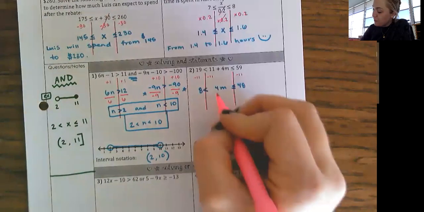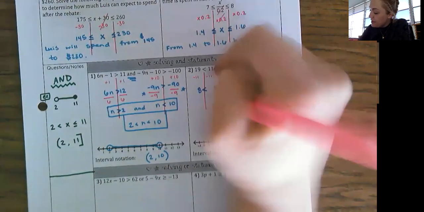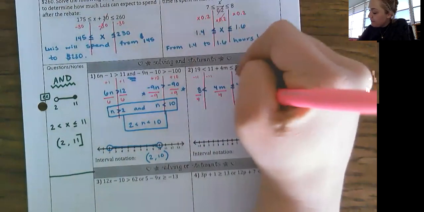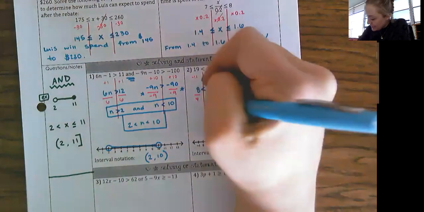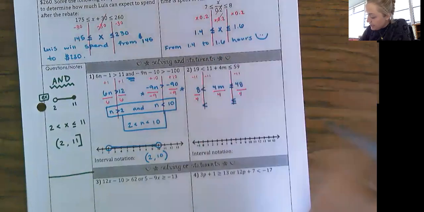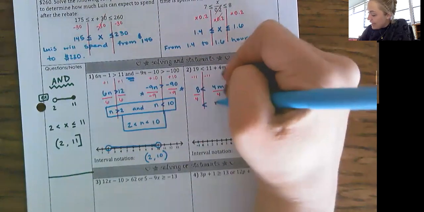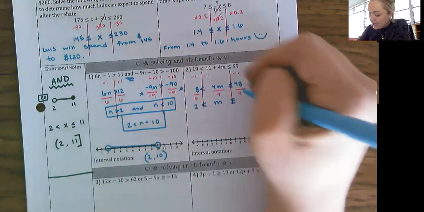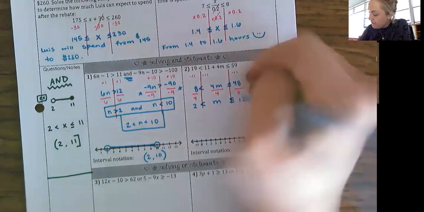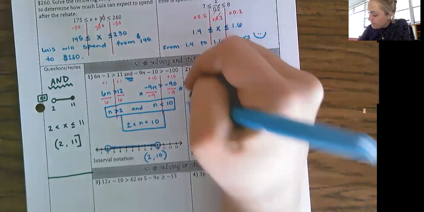Last step, to undo 4 times m, I'm going to divide by 4 on all 3 parts. That's not a negative 4, so my inequalities stay less than and less than or equal. The center, 4 divided by 4 is m, 8 divided by 4 is 2, and 48 divided by 4 is 12.